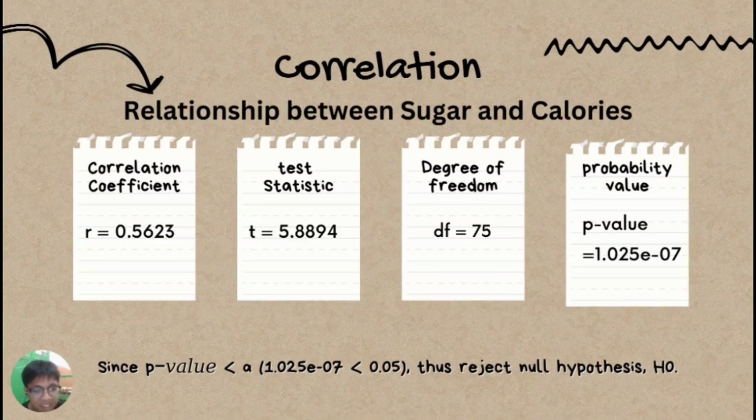In this test we use the significance level equal to 0.05. Since the p value, 1.025 exponential negative 0.7, is smaller than 0.05, we reject the null hypothesis.